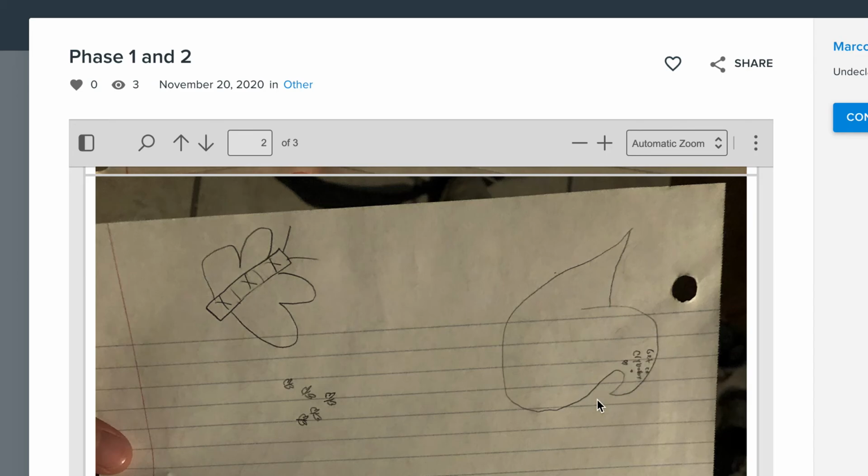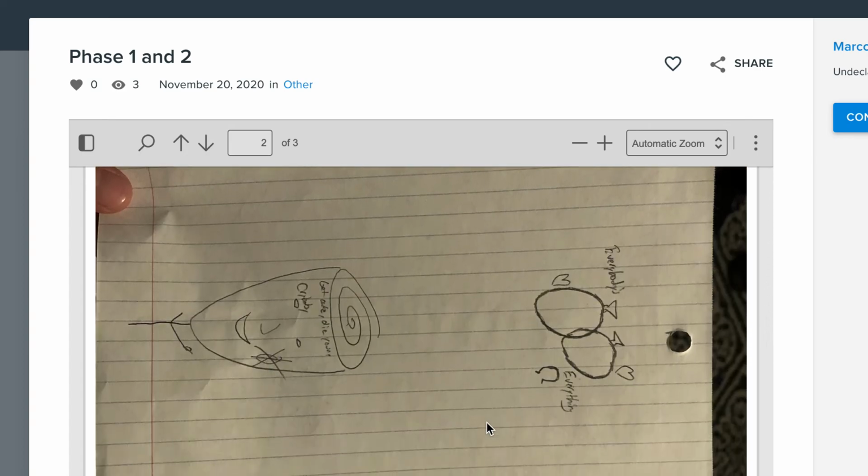And I'm assuming this is a bird, but I don't see love. Maybe it's a dove, which means peace. But anyway, I don't see love and I don't see outcast in that bird. And I guess this butterfly is outcast from these other butterflies, but I'm missing love. Okay, love, yeah, but no outcast.